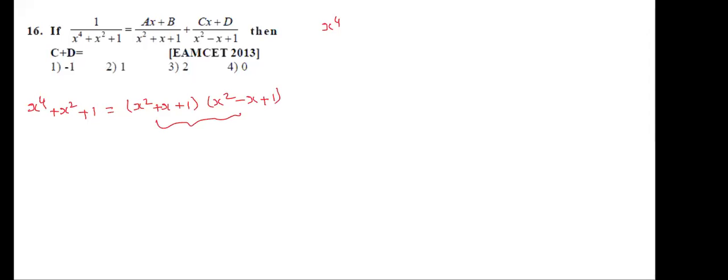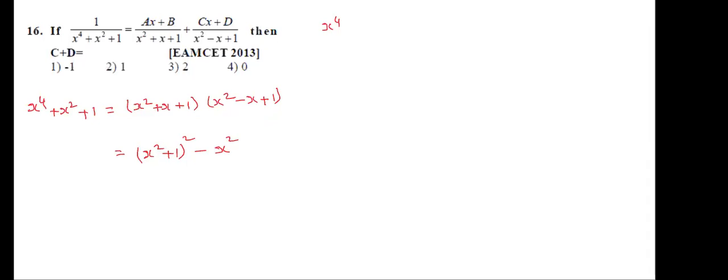If you multiply these two, then you will get x power 4 plus x square plus 1. How to do the multiplication? Here, observe that these two take as 1 unit, these two take as 1 unit. That means x square plus 1 is one unit, x is another unit. That is in the form of a plus b into a minus b, a square minus b square. Then simplify, you will get the left hand side value.